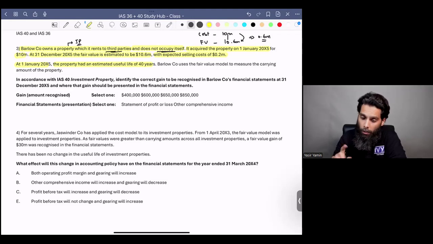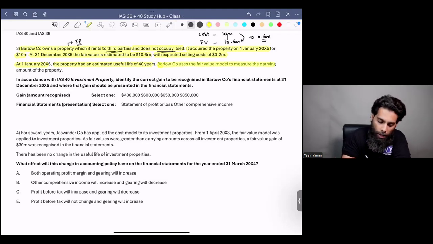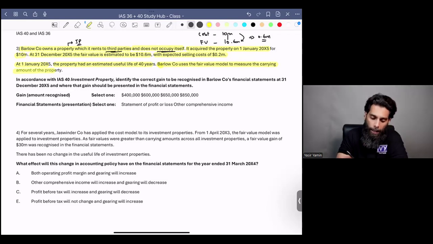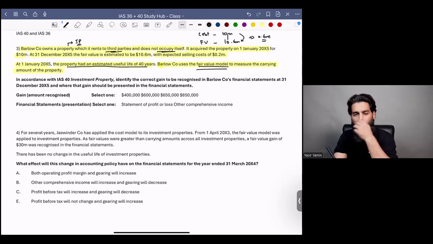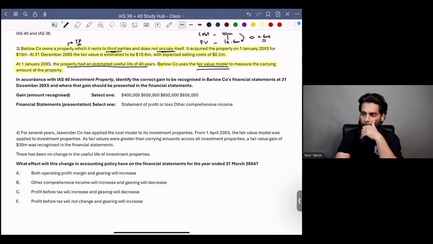They are providing you useful life. Barlow Company uses the fair value model to measure the carrying amount of the property. Is this useful life relevant to me if we use the fair value model? Give me a yes or a no. Is this anyhow useful for me? No, because I'm not going to depreciate it if I'm carrying this under fair value model.